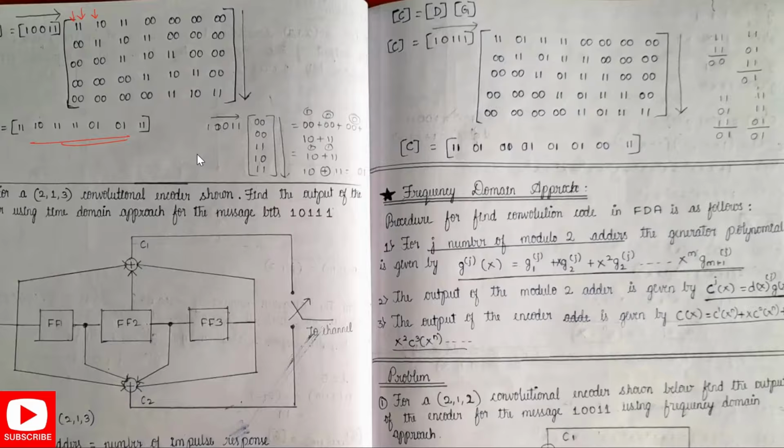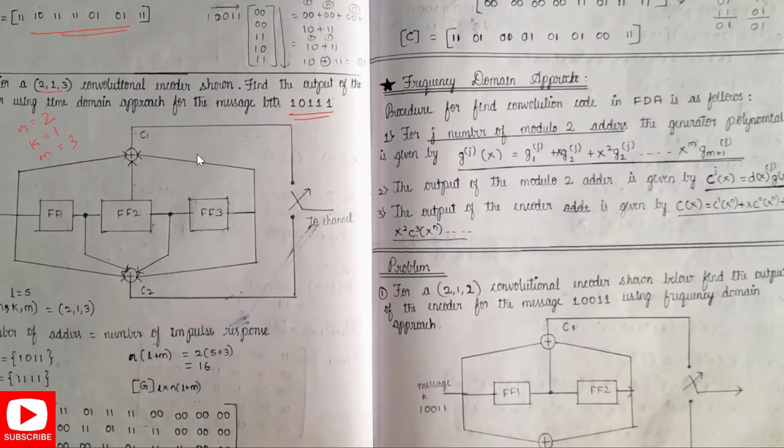Moving on to the next question, this is 2.13. Here our n is 2, our k is 1 and our m is 3. This is the convolution encoder. Find the output of the encoder using the time domain approach using the bits they have given. So here you can observe what G1 you have to write. You have to write it as 1, and here it is 0, 1, 0, 1.